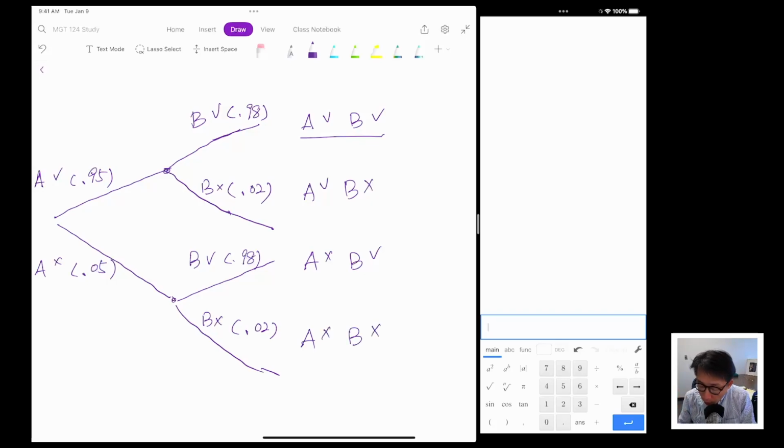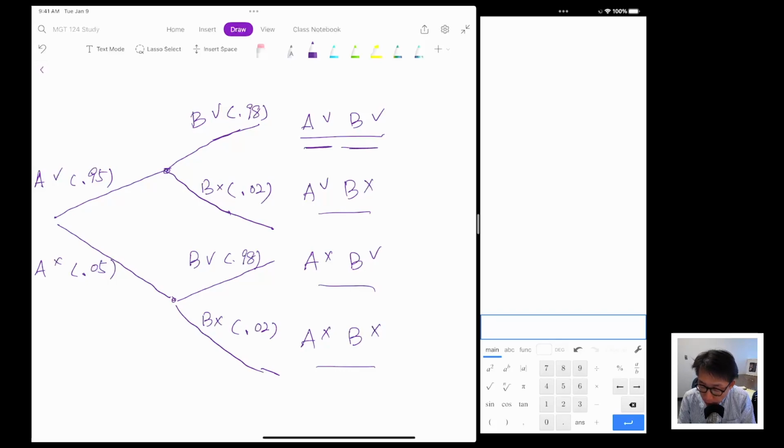So of all 4 scenarios, because we want to know the reliability of the system, if you break down that statement, it's basically when both A and B are working. Given A is working, B is also working.